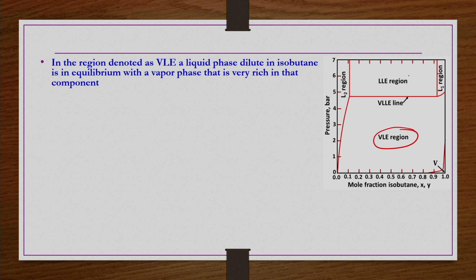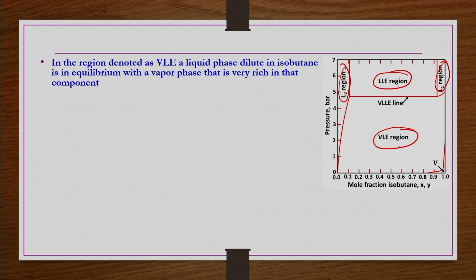So, now we indicated the LLE region, the furfural rich liquid region, the isobutane rich liquid region, and the VLE region also, where vapor is in equilibrium with a liquid phase which is dilute in isobutane. That is what we can see here.